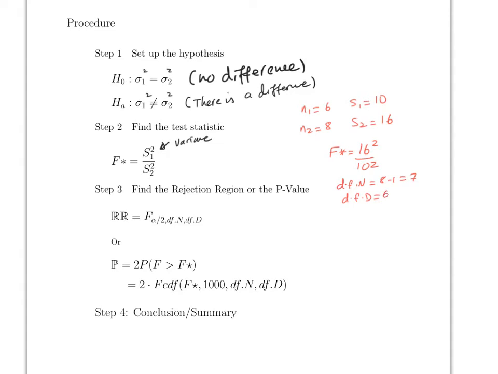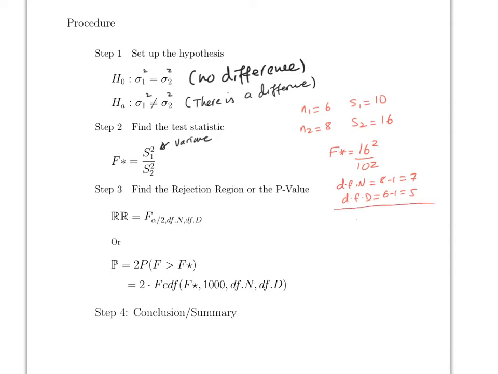So this will be 6 minus 1, which is 5. So you have to be very careful. The one that determines which is the numerator is the S, not the N. Okay, let's make sure this is clear.